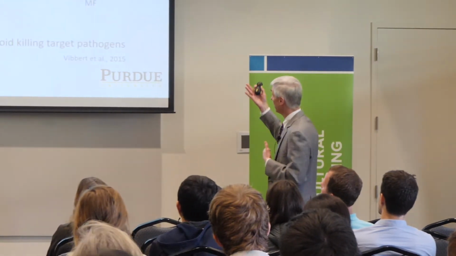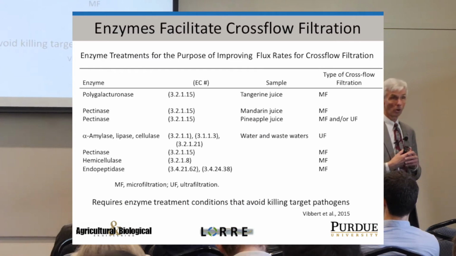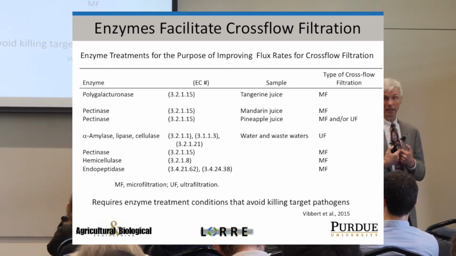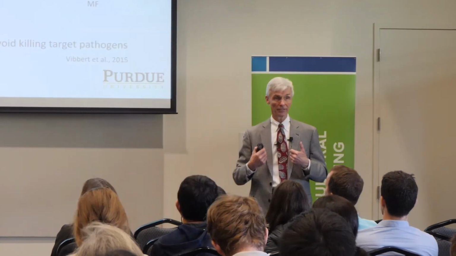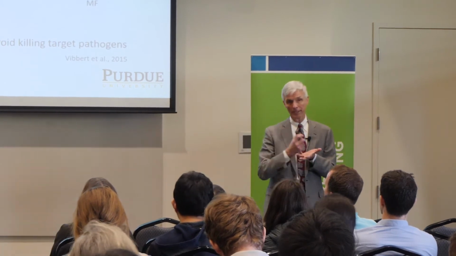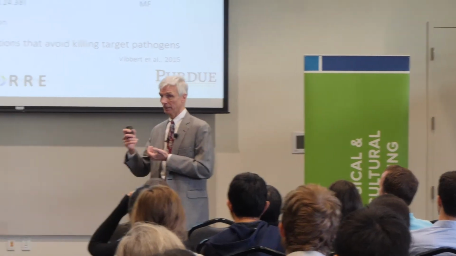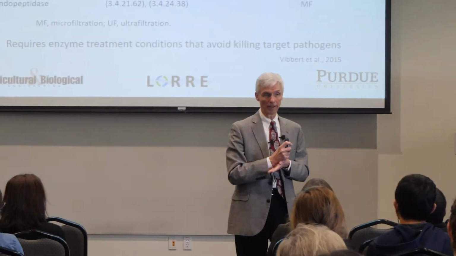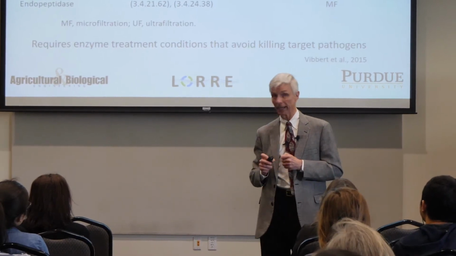And what they've done is use this for microfiltration, that's what MF stands for, or ultrafiltration, which is basically a molecular weight, depends on the size, less than 200 kilodalton. Enzymes have been added to prevent the fouling and the blockage of the membrane. So that's not new either. What's new is the combination of the media, getting the cells to grow, selecting the enzyme, selecting the conditions, avoiding fouling, and preventing the enzymes from killing the cells we're trying to detect.